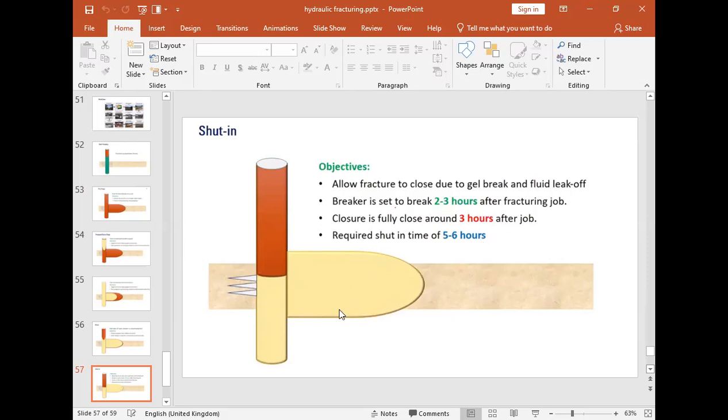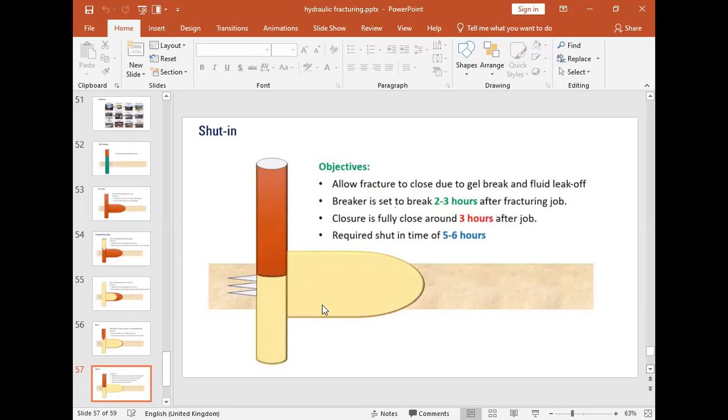So the entire objective of this stage is to allow equilibrium in the system, because you have created some kind of disequilibrium. You now want to allow the system to readjust itself and come to equilibrium with the new condition, so that you can easily know, okay, this is my condition now. Because at the beginning, you may characterize it and see that it has a high permeability and you are happy.